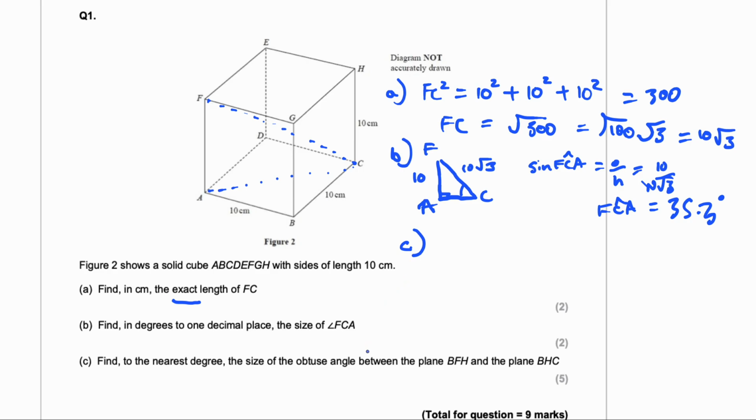Find to the nearest degree the size of the obtuse angle between BFH and BHC. So let's highlight those two. So BFH. So let's do that yellow.